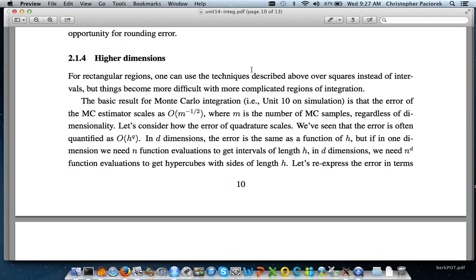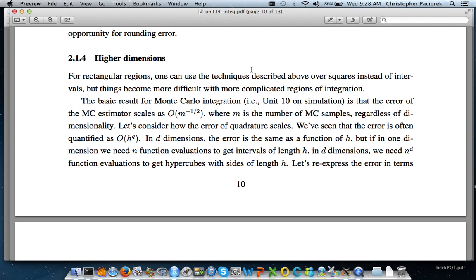So this also tells us that since n is proportional to 1 over h, this is going to be order of n to the minus q. Sorry, I was getting confused with the dimensionality, which is going to come in a second.